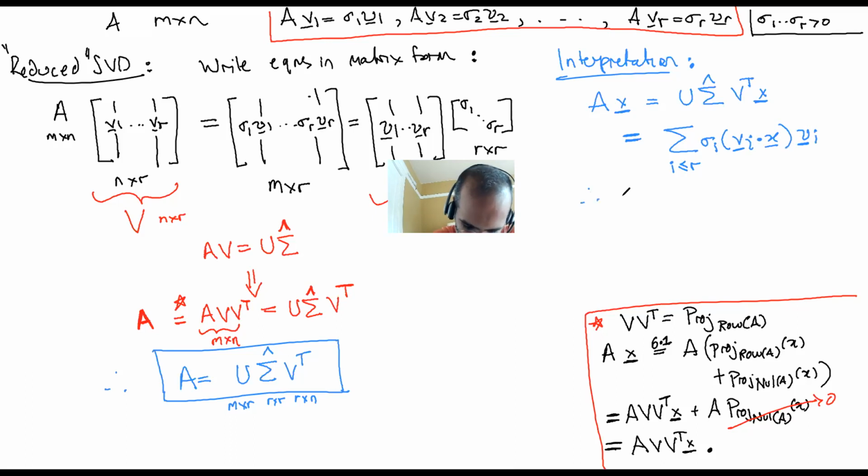So what that means is you've written A as the summation of sigma i Ui Vi transpose.